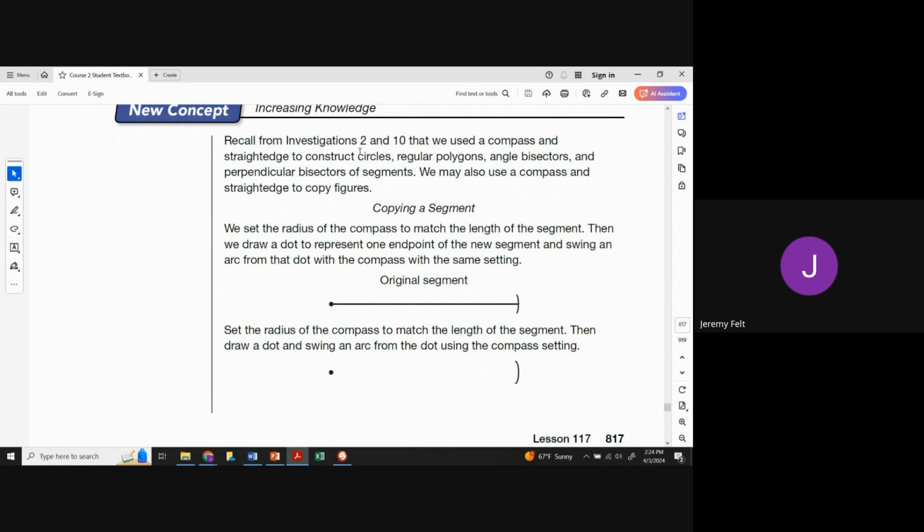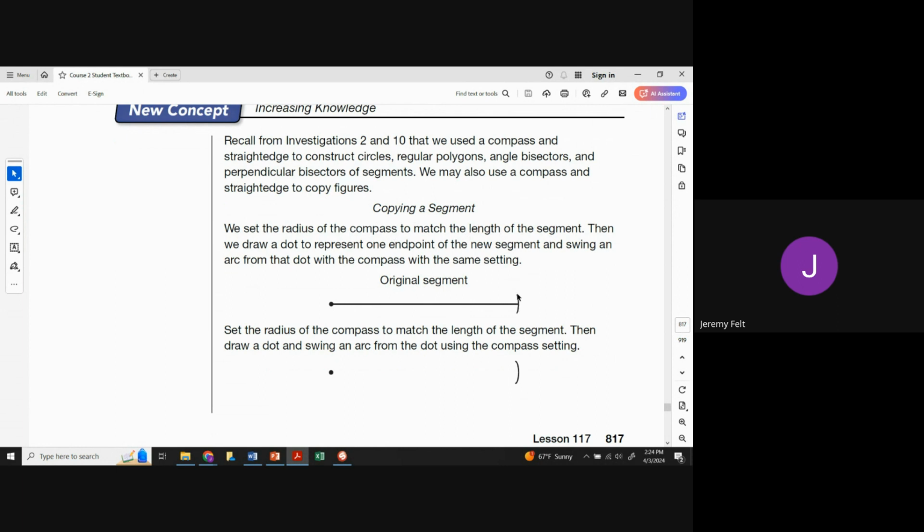Just pay attention. We can use a compass and straight edge to copy figures. We set the radius of the compass to match the length of the segment. It's a polygon, and we're looking at one of the sides. It's a line segment. It has a beginning and end. So we take the compass and we match it. We draw a dot to represent one endpoint of the new segment and swing an arc.